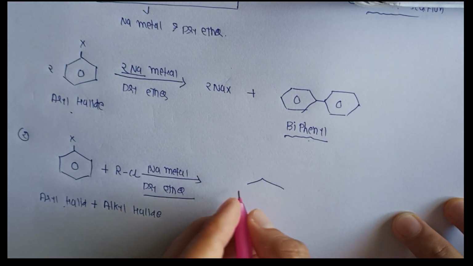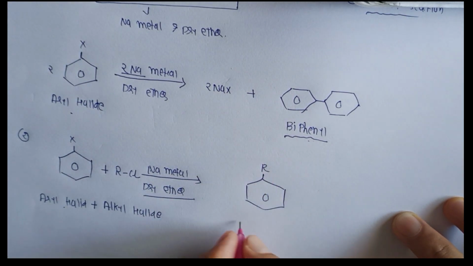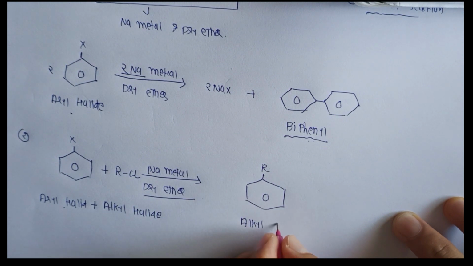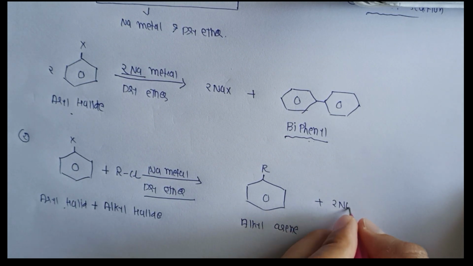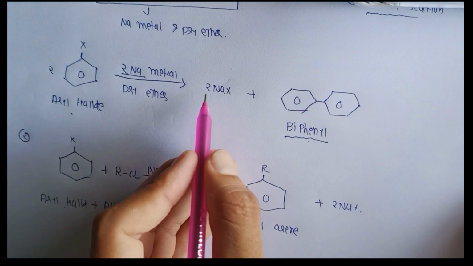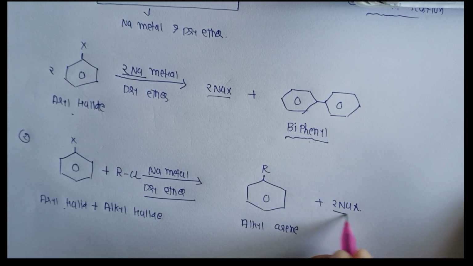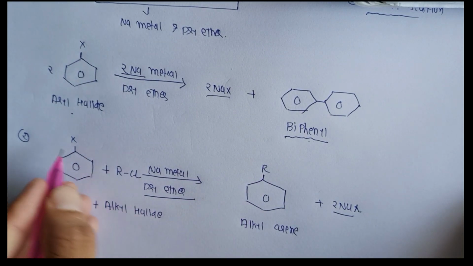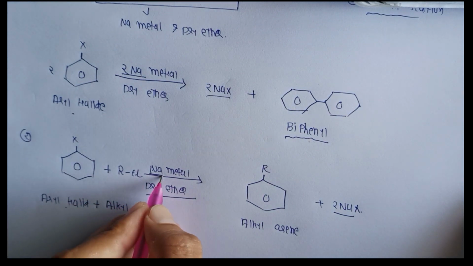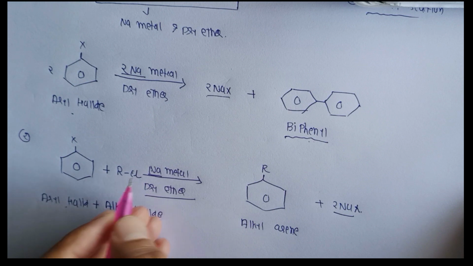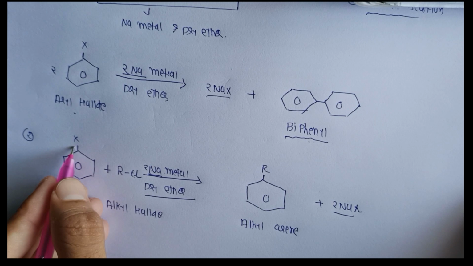Then the product is an alkyl arene and 2NaX is the byproduct. In the Wurtz reaction, 2NaX is the byproduct, meaning Na reacts with Cl, so 2 Na with one halogen from here and another halogen from there.